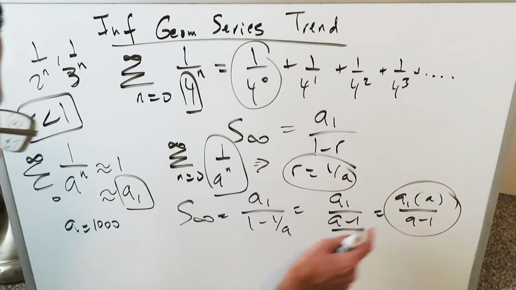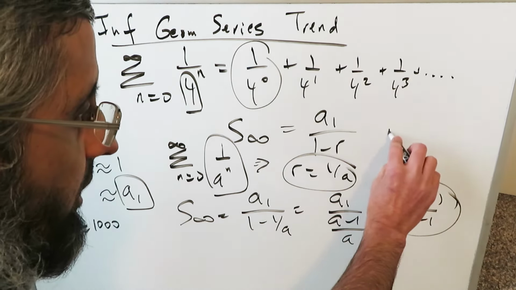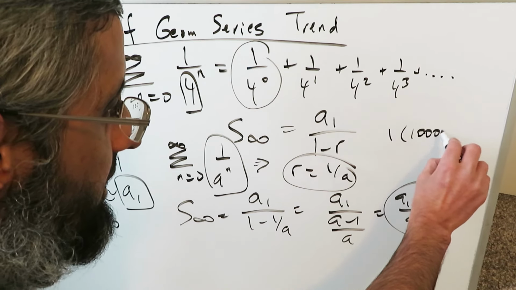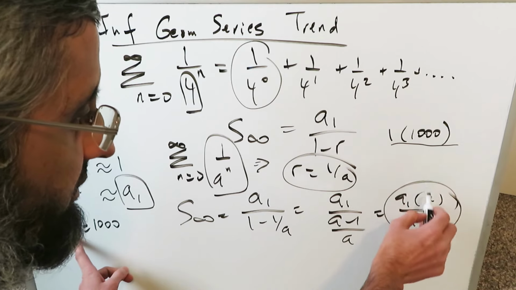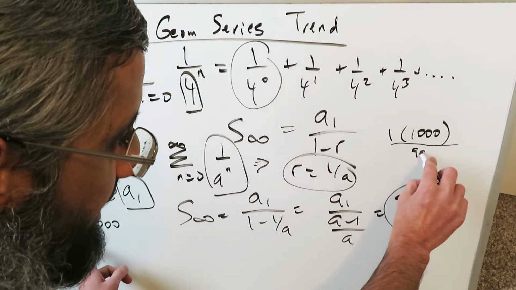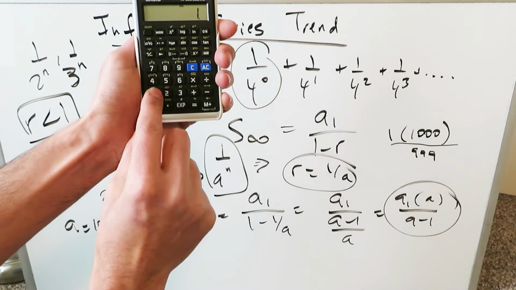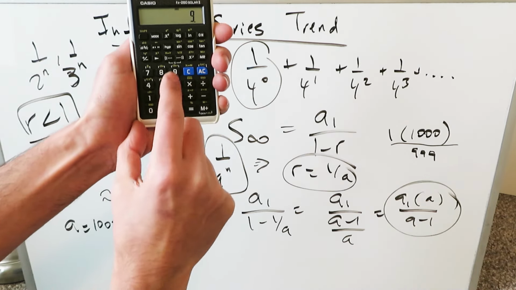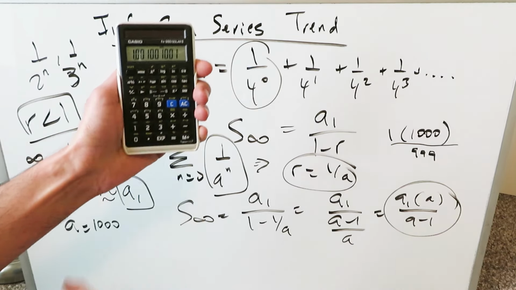I know my first term will be 1 over 1000 to the power of 0. It'll be a 1. 1 times 1000, because I'm using here a value of 1000, divided by 1000 minus 1, which is a minus 1, it'll be 999. I'm getting 1000 divided by 999. You run that on your calculator, and I'm getting 1.001.